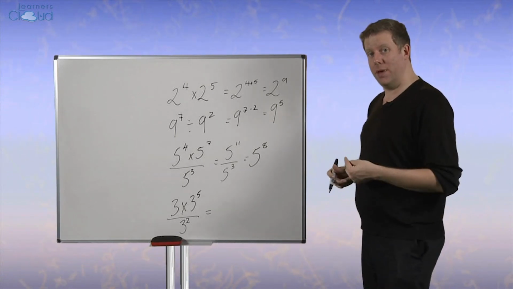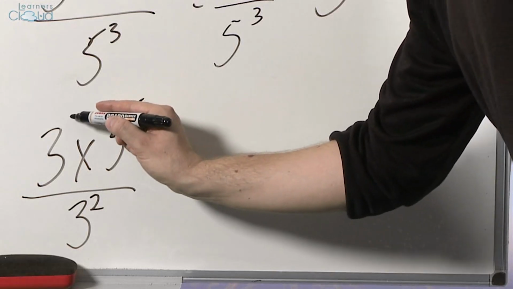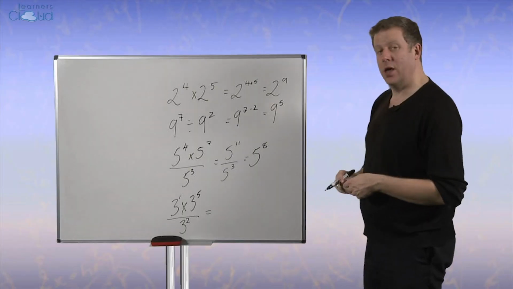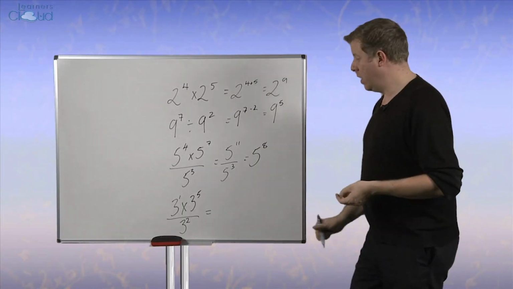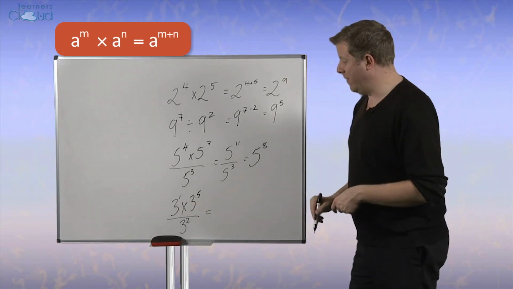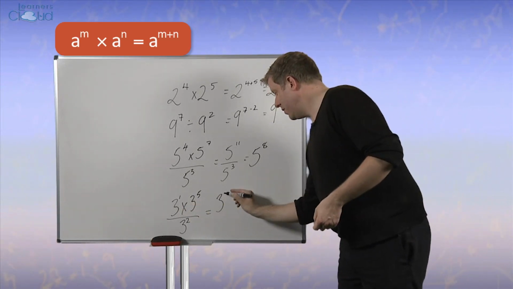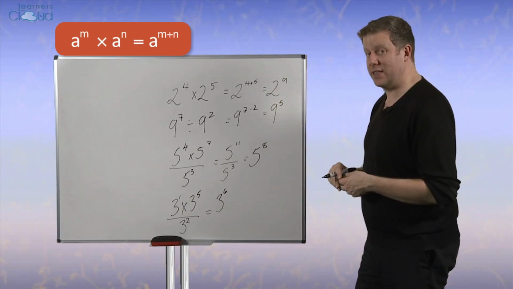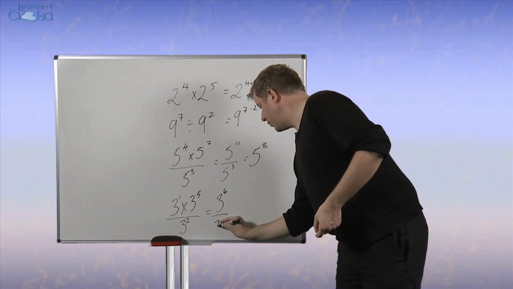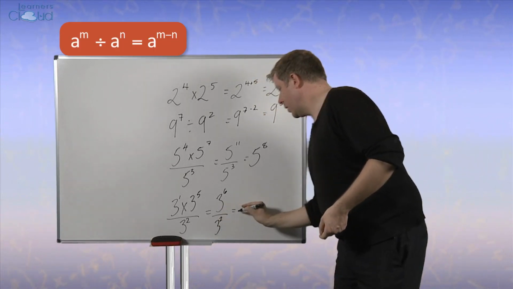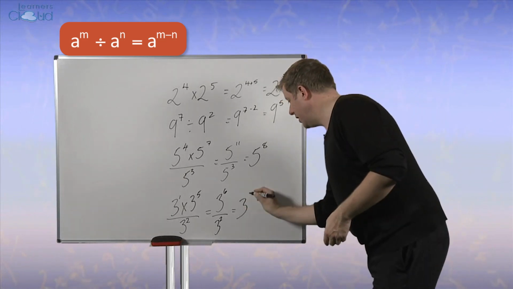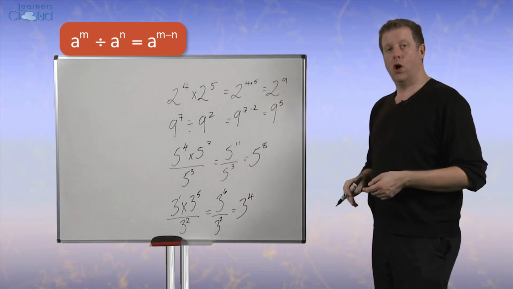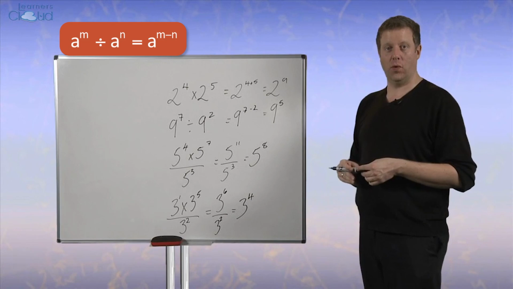And if it helps you remember it, whenever you see a number without a power in one of these questions, put in the number 1 to remind you it's to the power of 1. 3 to the power of 1, therefore, times 3 to the power of 5 would be 3 to the power of 6, divided by 3 squared. And we know that when we divide, we subtract the powers to leave us with a final answer in index form of 3 to the power of 4.